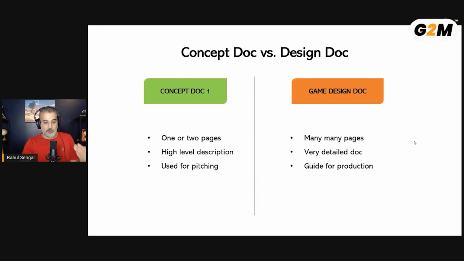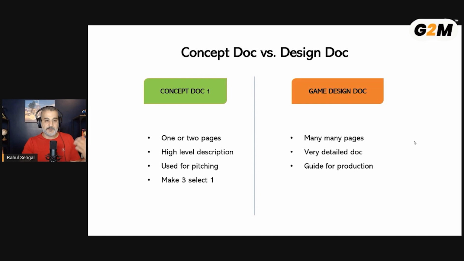The game design document, on the other hand, is used as a guide for production. Think of it as a textbook, think of it as the guide, think of it as a blueprint of the game, and the game is actually built by looking at the game design document.